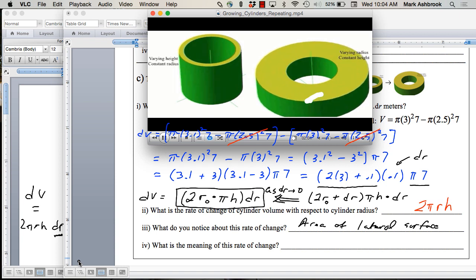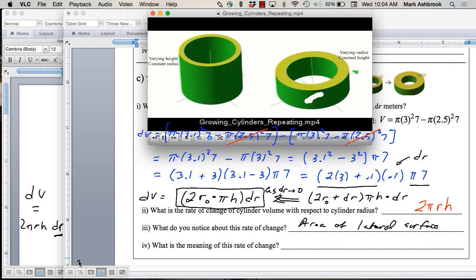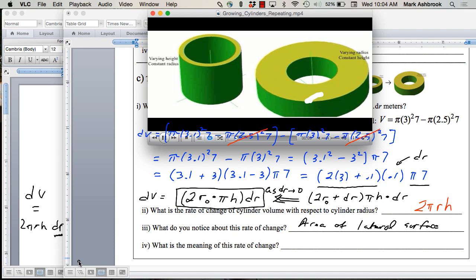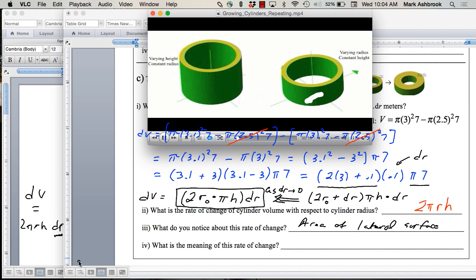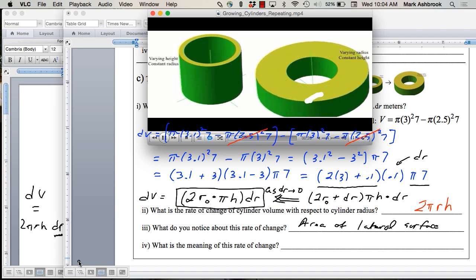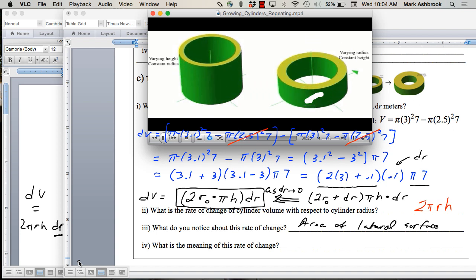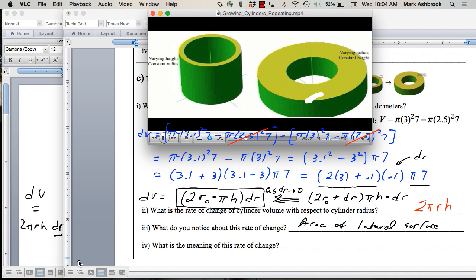Okay, and then we made sense of it, right? We said, if it's the rate of change of volume with respect to height, then it's going to be like the area of that yellow ring, because it's like adding a little yellow ring to it. That's the rate of change. And if it's the rate of change with respect to radius, it's like adding a sleeve. Adding the green area is the rate of change. That's why it's 2 pi rh.